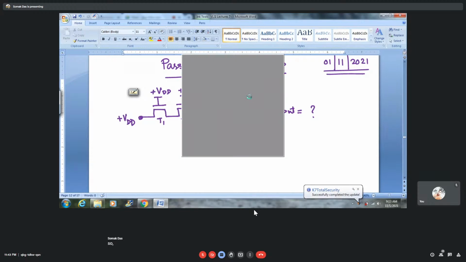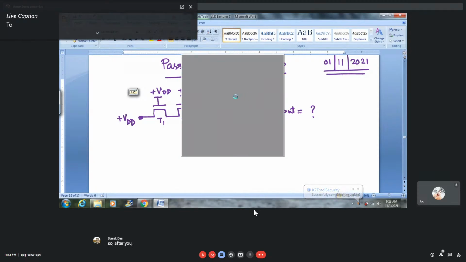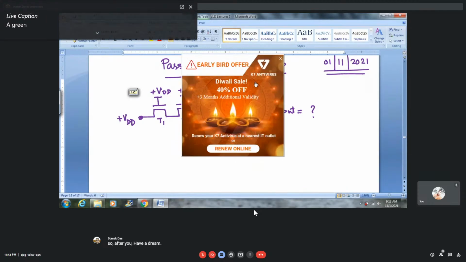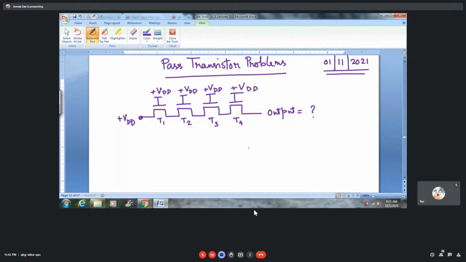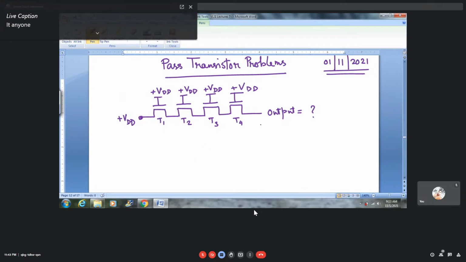Ultimately we have to find out the potential of the output of the circuit, or the drain terminal of the T4 transistor. Yes? Anyone? What will be the output potential?